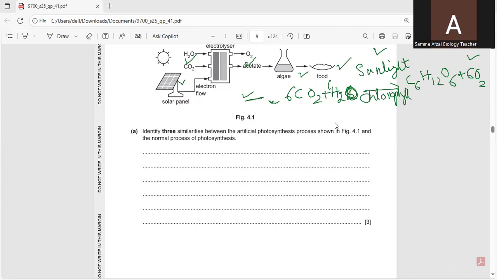So first of all, the presence of carbon dioxide.